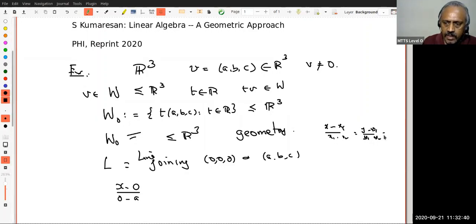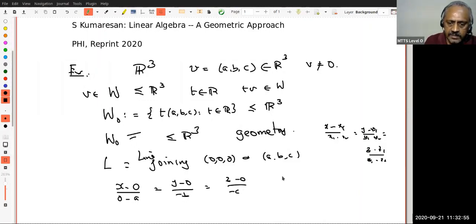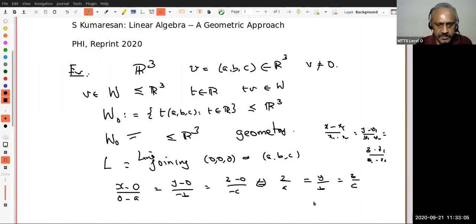In the case of R3, the straight line is given by yet another term, z minus z1 by z1 minus z2. Therefore this is going to be (x minus 0) by (0 minus a) equal to (y minus 0) by (0 minus b) equal to (z minus 0) by (0 minus c), that is, this is equivalent to x by a equal to y by b equal to z by c. Do you understand this? Right. This is x by a.